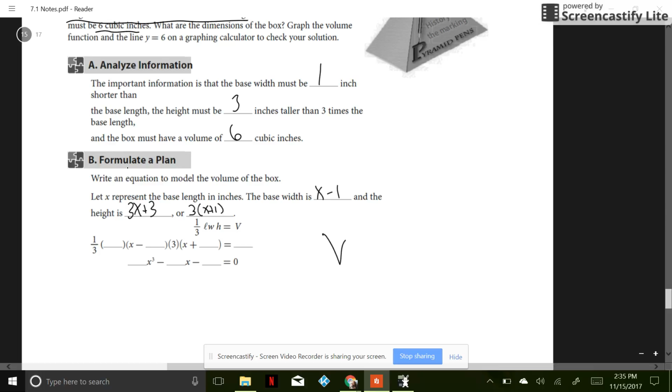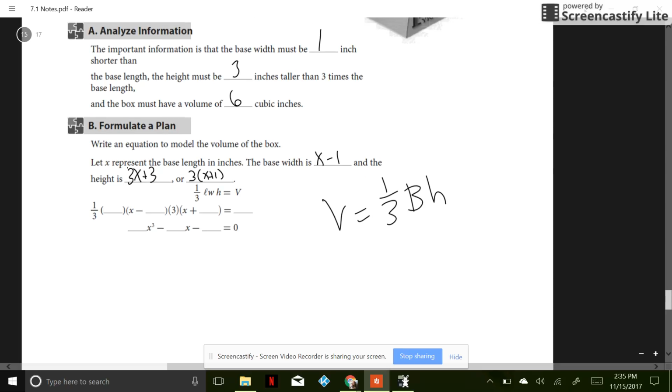So the key thing you have to know with the pyramid, volume is 1/3 big B, which represents the area of the base, times height. So they're not going to tell you this, but they expect you to use it here on the homework. So 1/3. So the base is a rectangle. So area is length times width, and then times height.